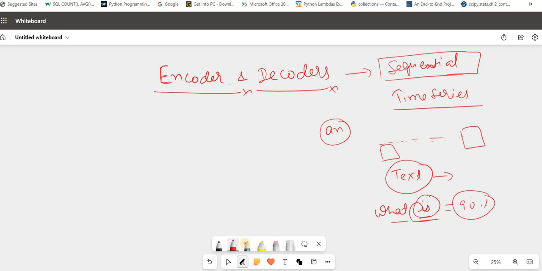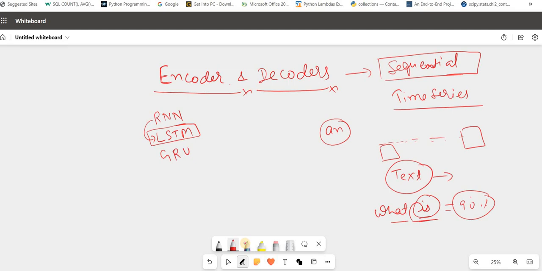So to solve sequential problems, we have different architectures to deal with them. The first was RNN, then LSTM, then GRU. LSTM is an advanced version of RNN. That's why when I was explaining LSTM, I showed you the RNN as well. RNN has only one gate, but LSTM has three gates.